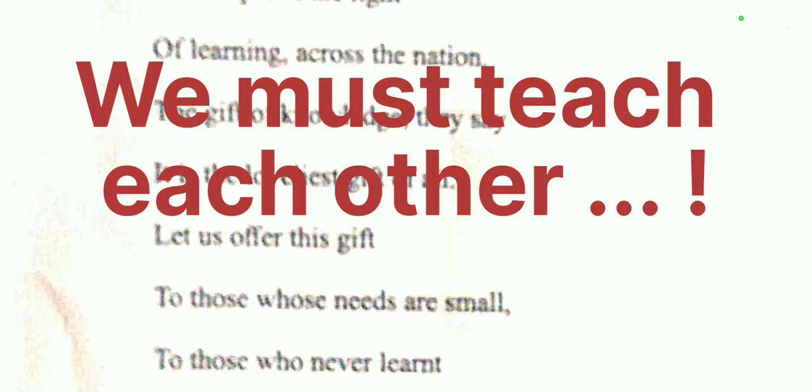So the poem says to teach me, each one to teach one. So the poem says to teach each other. 24. Let us answer the question. What does the poet want each one of us to do? So the poet wants each of us to teach each other.